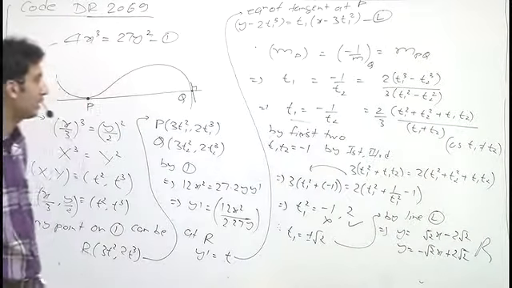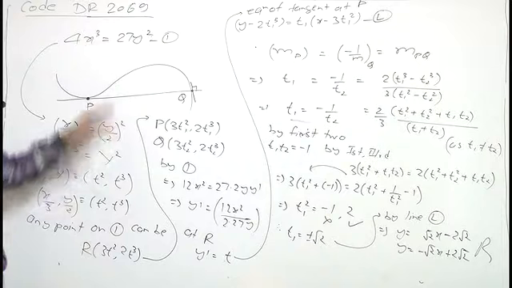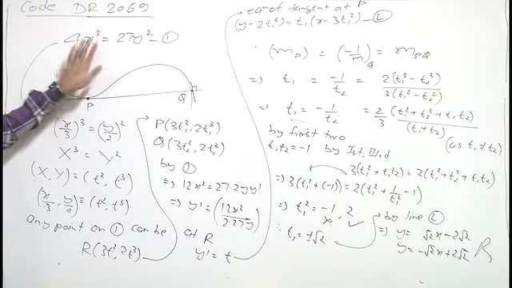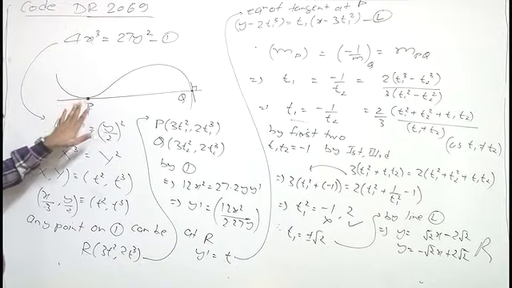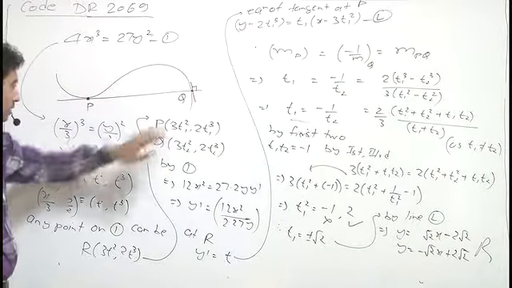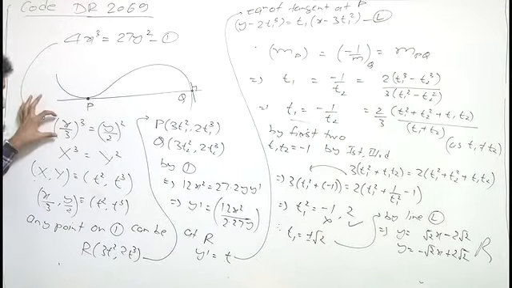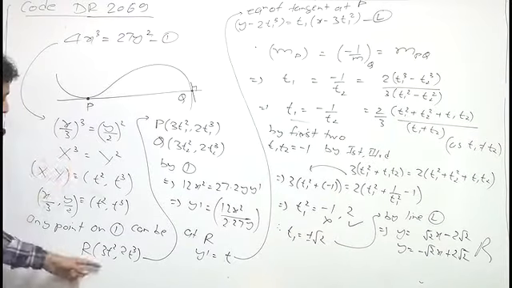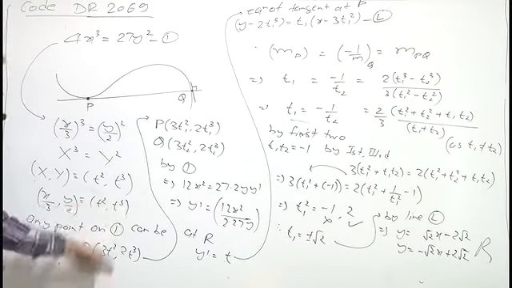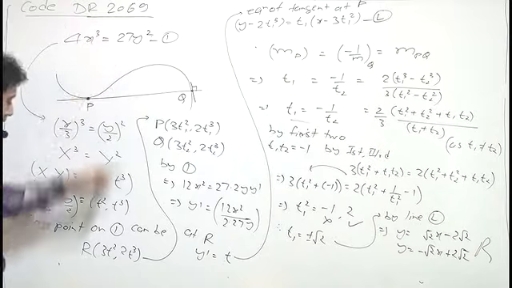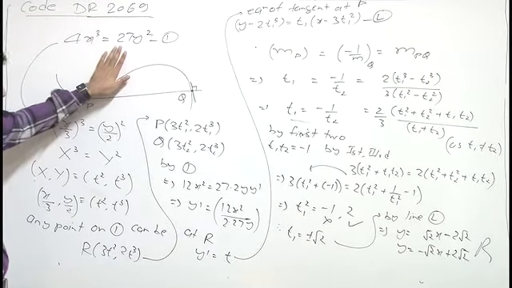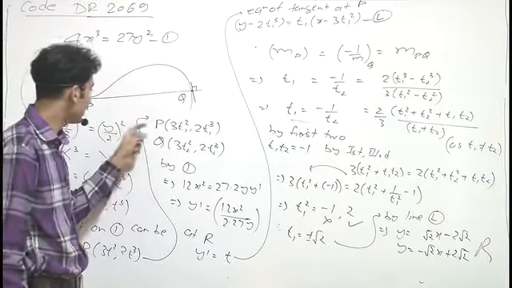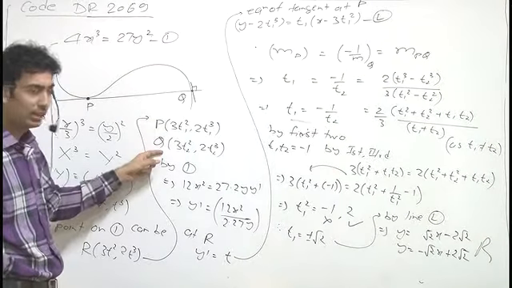So what we have done, I will summarize once more. We have this curve, and if we draw a tangent at a particular point P, then it will become normal at some other point. So we have taken an arbitrary point R on this curve which always satisfies this curve. This is an arbitrary point in parametric form on the curve 1. We have taken point P as this and point Q as this.